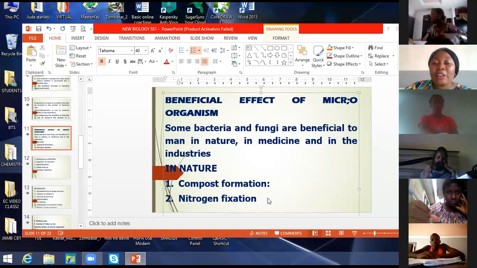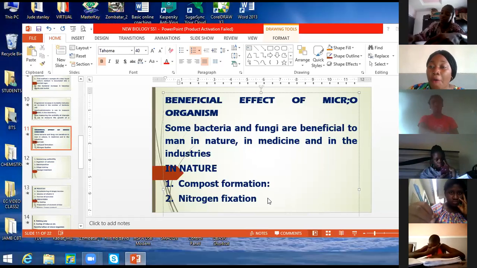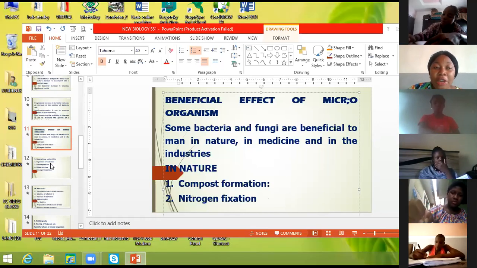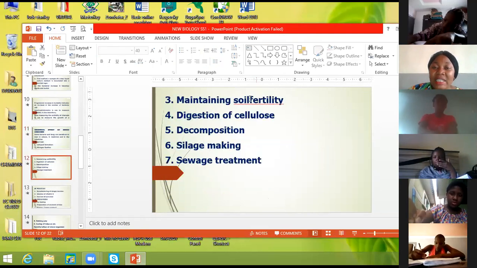So nitrogen fixation is another benefit of bacteria in nature, because some bacteria fix nitrogen in plants. An example is Rhizobium leguminosarum. Now let's move to the next one, maintaining soil fertility.